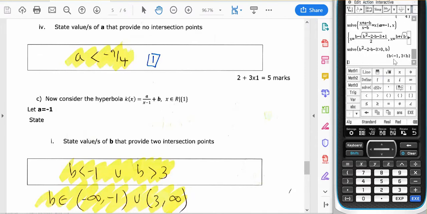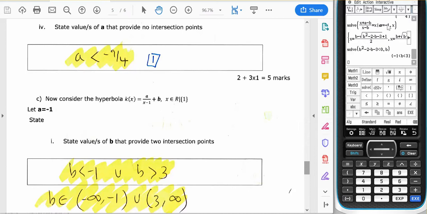So when b is less than -1 or when b is bigger than 3, I will have two intersection points. When this is equal to 0, that is b equals -1 or 3, you will have one intersection point. And when that is less than 0, you will have b between -1 and 3.